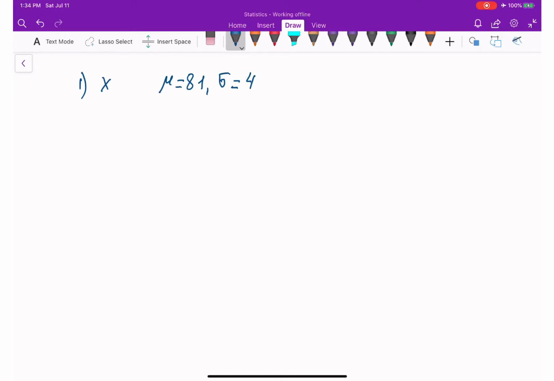We need to find the probability of x value less than 79.